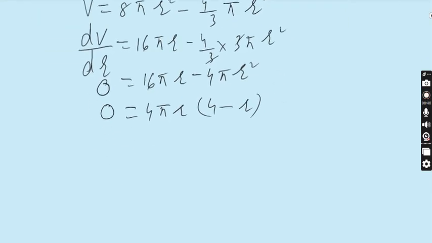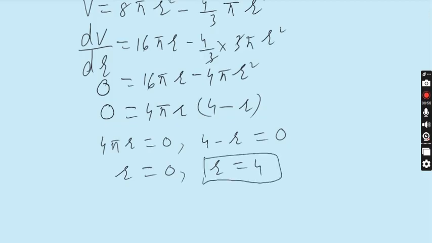This implies that 4πr = 0 and 4 − r = 0. So r = 0 from here, and r = 4.